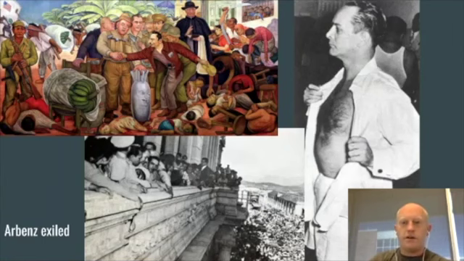So here's a photograph of Arbenz being checked at the airport as he left and fled into exile after relinquishing the presidency. The photo at the bottom shows the processions when Castillo Armas took the presidency. And then this is a mural by Diego Rivera, the Mexican artist, that shows Castillo Armas shaking John Foster Dulles' hand right there in the middle.